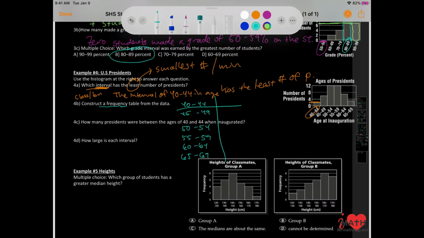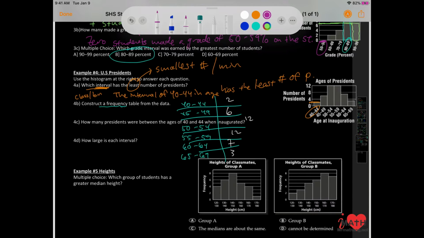And then basically all I have to do is just count how many are in there. So that looks like there's 2, and that one's in between, so 6, 12, 12. I think that one looks like 7, and 65 to 69 looks like higher than 2, not halfway, so I give that one a 3.